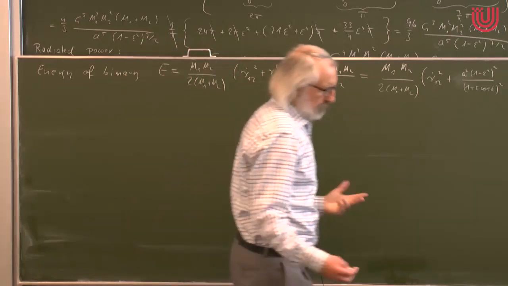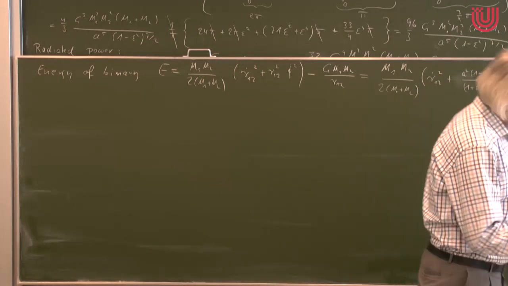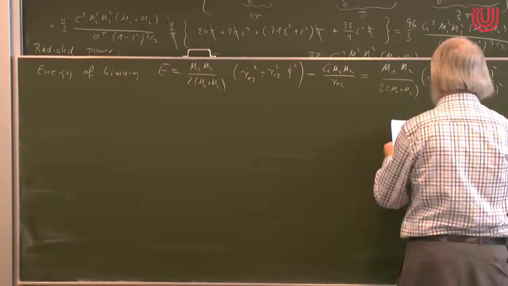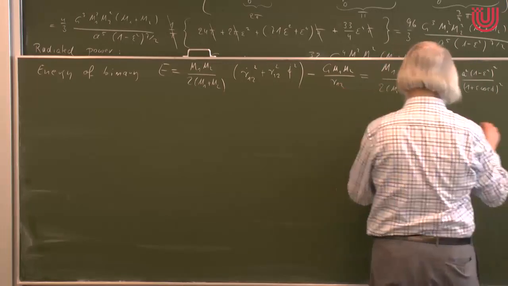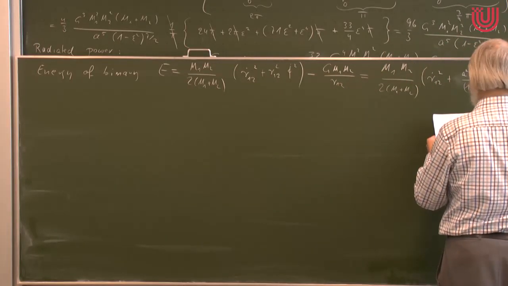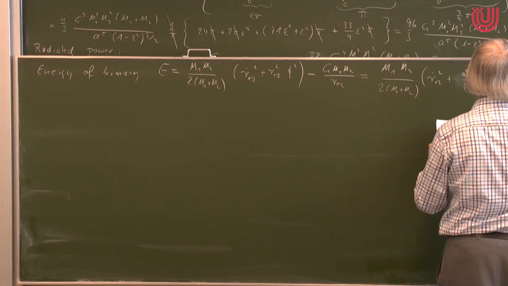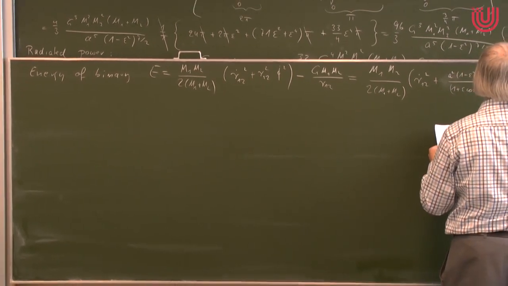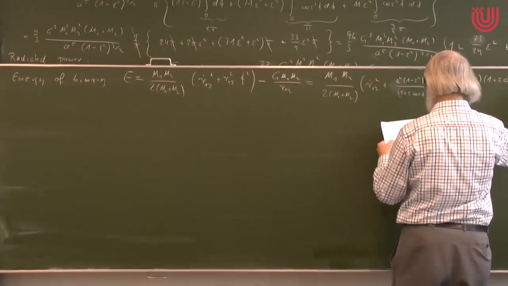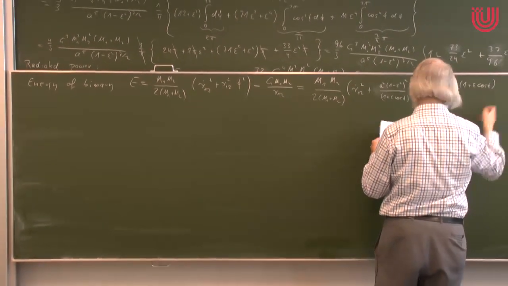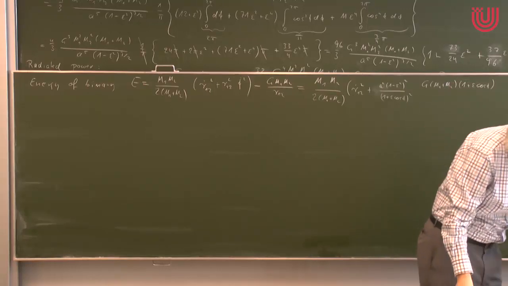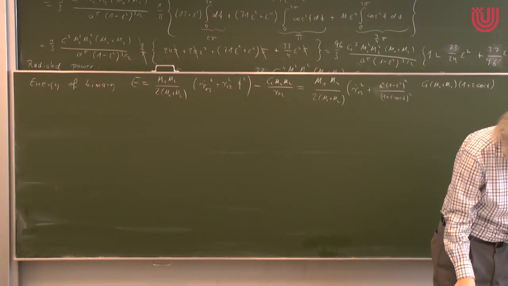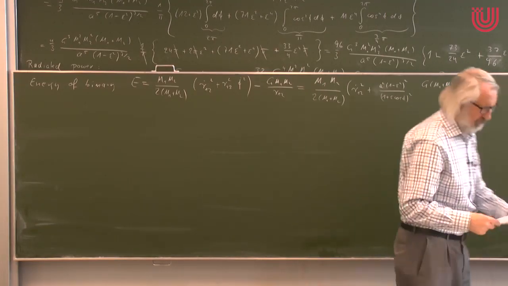And for phi dot, we had this expression which I'd used 20 minutes earlier or so already. I have phi dot squared, so I square it. Then I get G times (m1 plus m2) times (1 plus epsilon cosine phi), I think it's true.